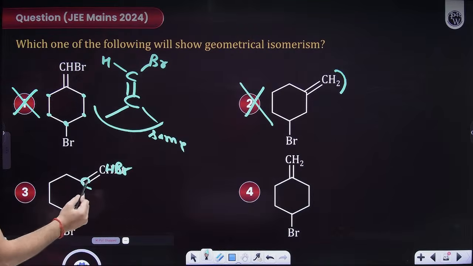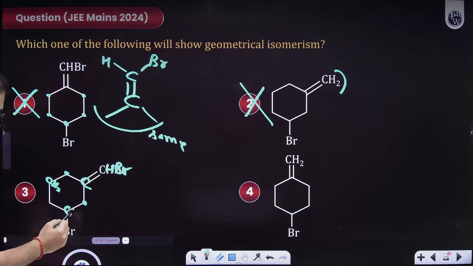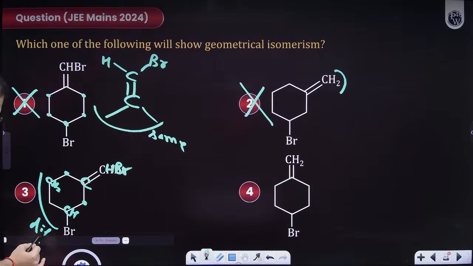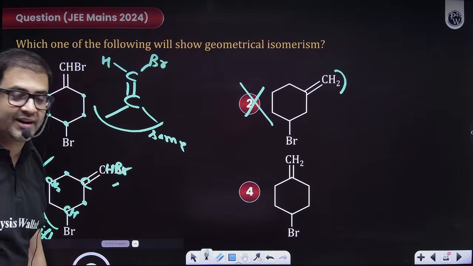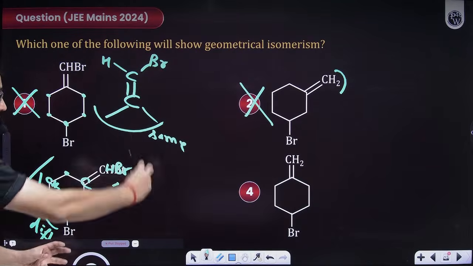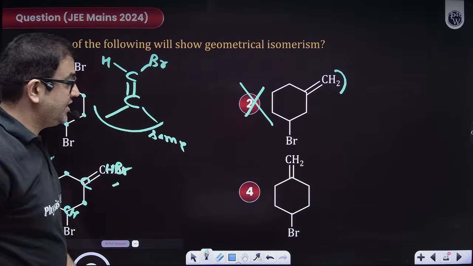This is 1, this is 2; CH2 on this side, but CHBr on the other. They are different, so this can definitely show geometrical isomerism, because Br and Br can be close or distant. So this can definitely show GI.